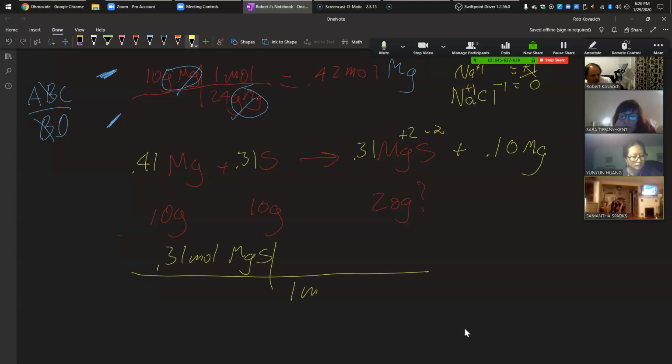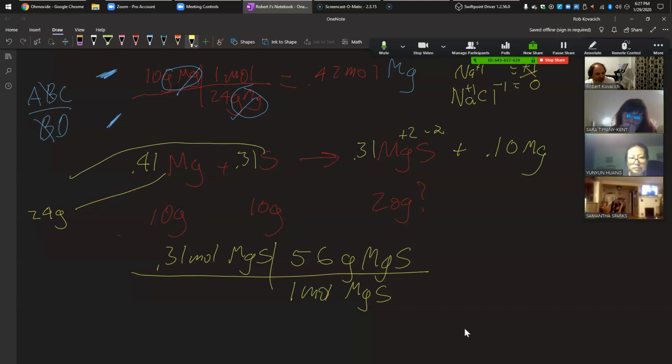And for every 1 mole of MgS, I've got some number of grams of MgS, and that works out to be 56. So where the heck did that number come from? It came from this number on the periodic table says 24 grams, and this number says 32 grams, and that adds up to 56.